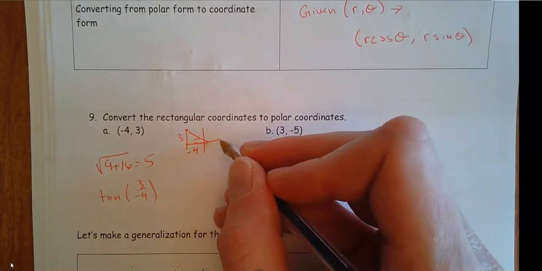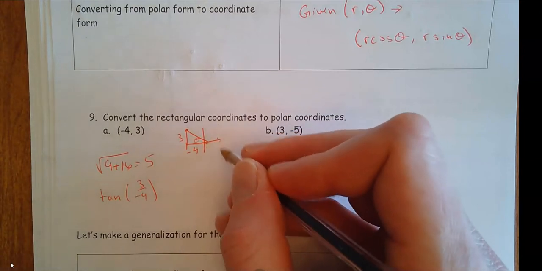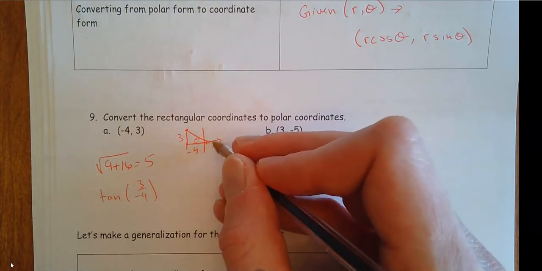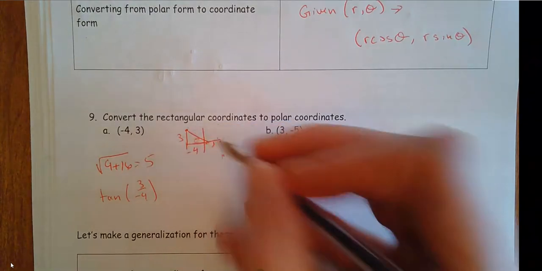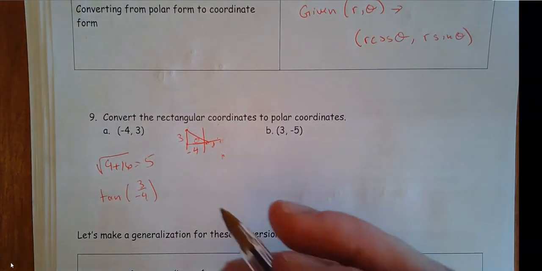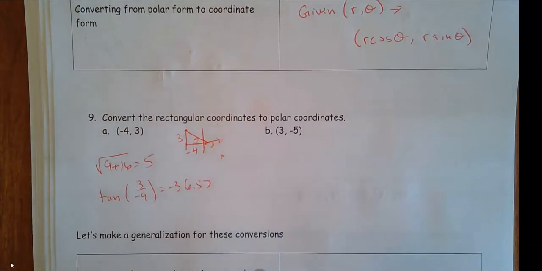It has no idea what you mean, which would put it in this quadrant. If it was a positive 4 and a -3, so -3, positive 4 would be over here. So it's going to give me the right angle, but it might be on the wrong side. Okay, so when I do inverse tangent of 3/4 on that, I get -36.57.